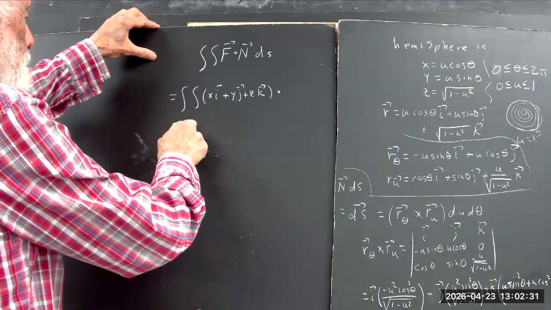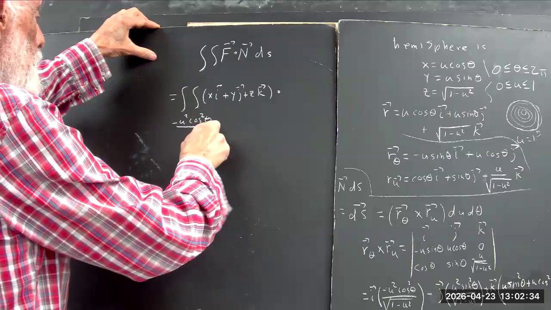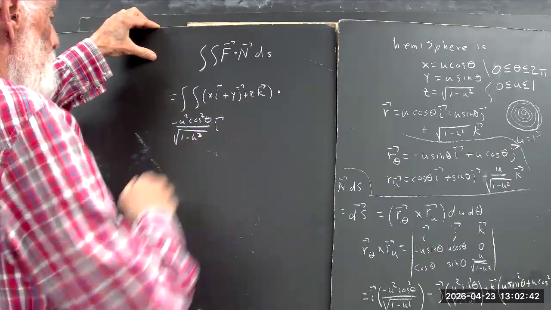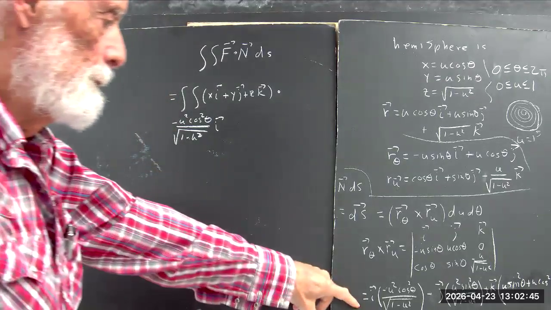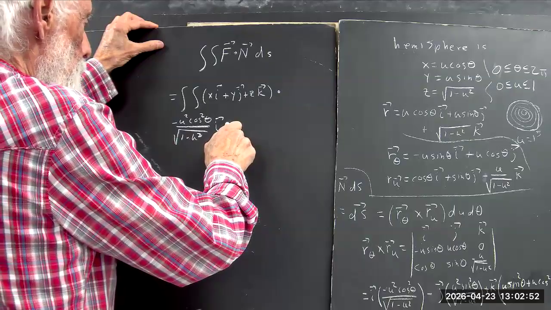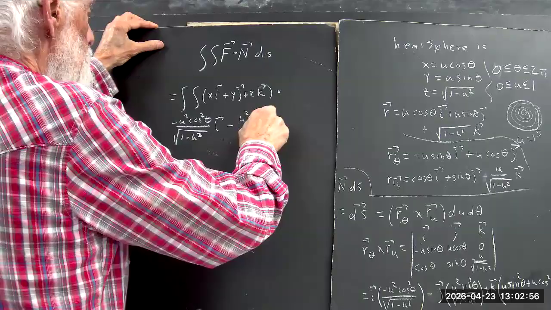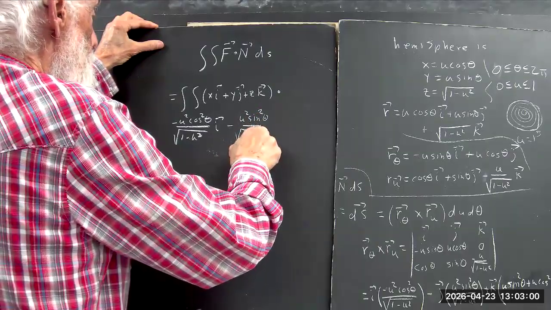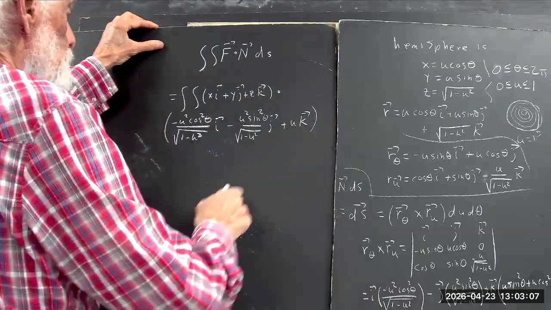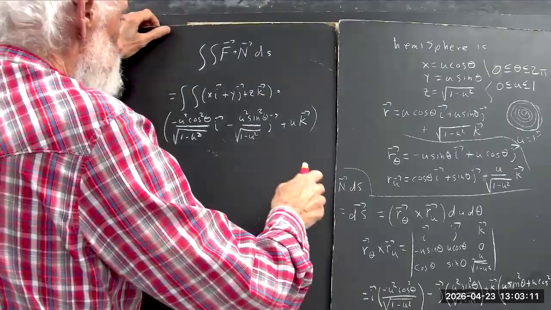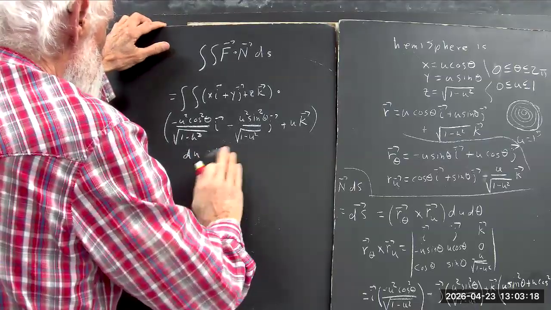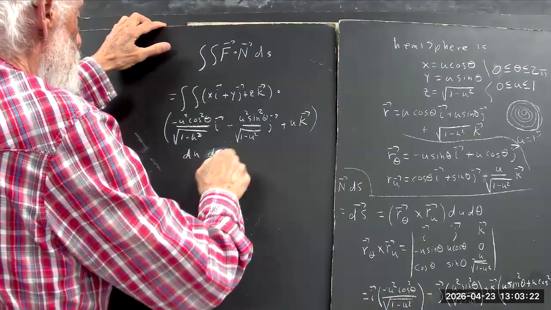This is u squared cosine squared theta over square root of 1 minus u squared i, similar for j, plus uk du d theta.